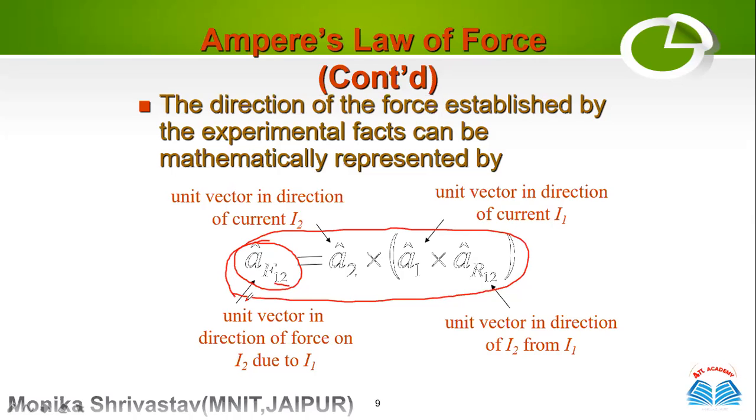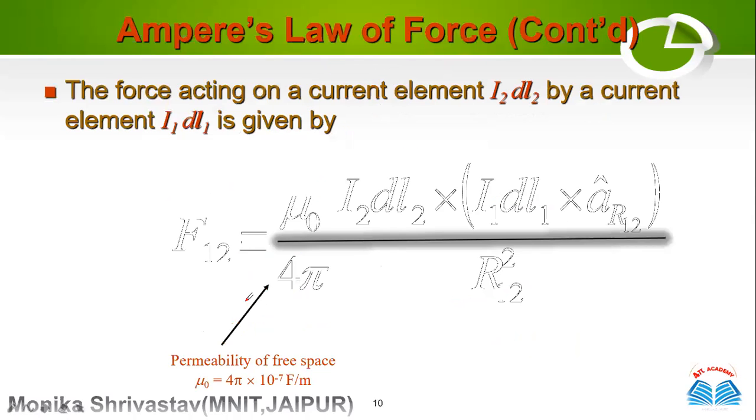So starting with this equation, this is Ampere's law. We are moving ahead. What we want to find out is the force acting on a current element I2 dL2. What is this I2 dL2? That is the current I2 for some infinitesimal length dL2, by a current element I1 dL1.